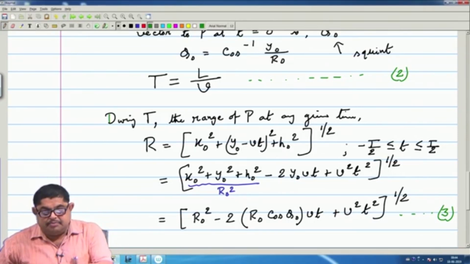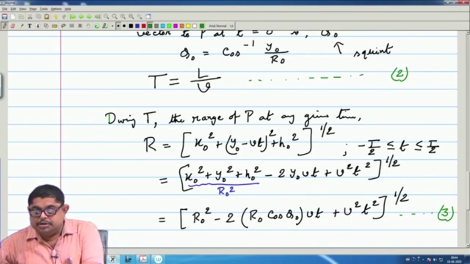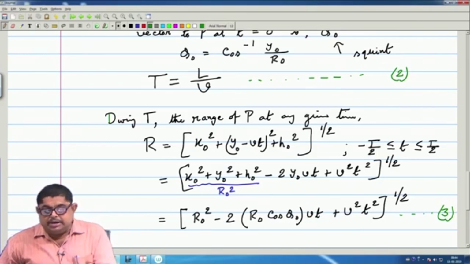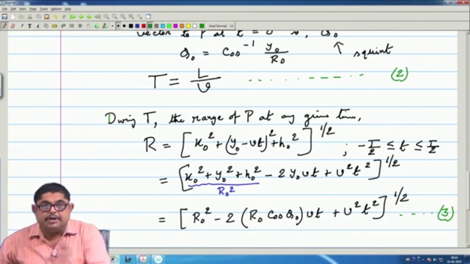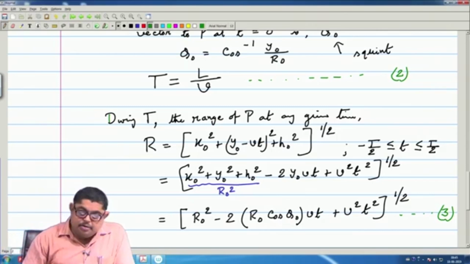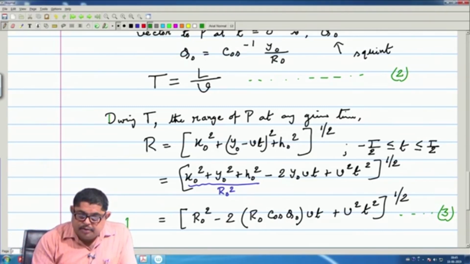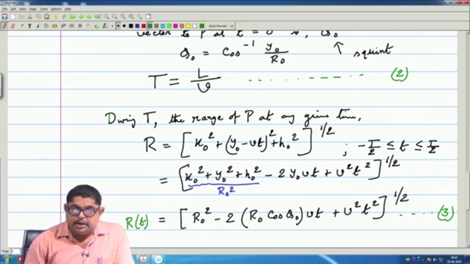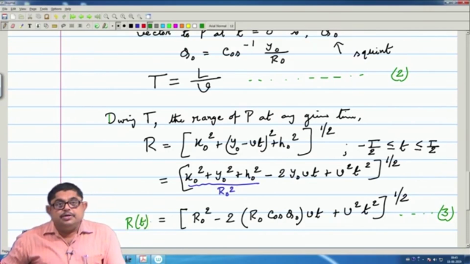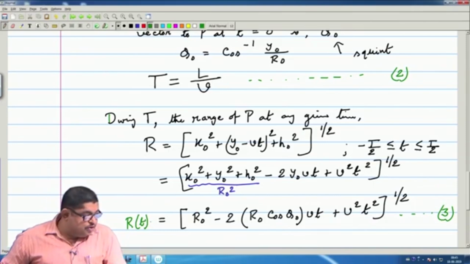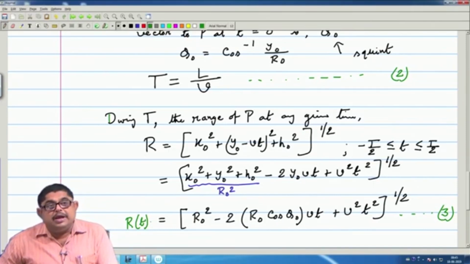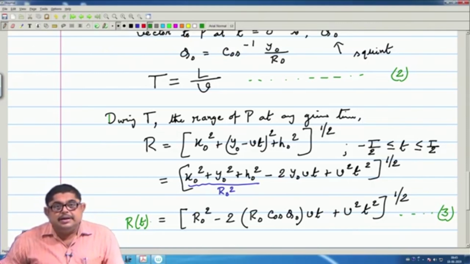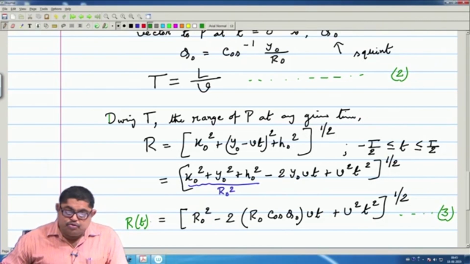So, I have written the range R. R is a function of time, as these parameters are R naught, theta naught, v, that is all. These are all SAR's parameters. So, this R is a function of t. So, I can write more specifically, this is R t is equal to this. Now, to get the range in general, what I can do?